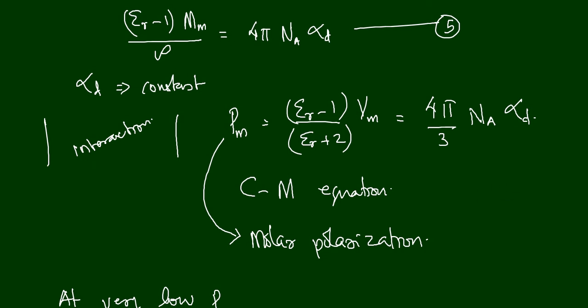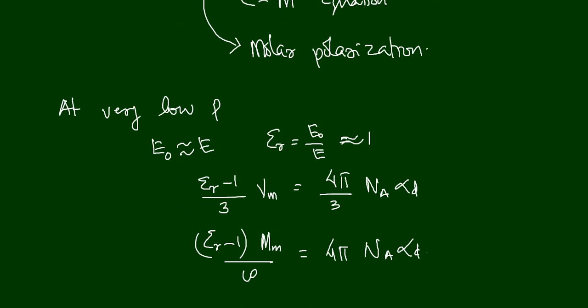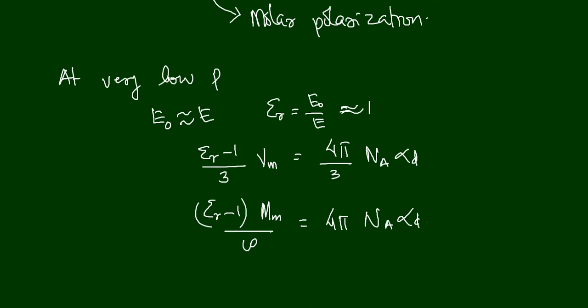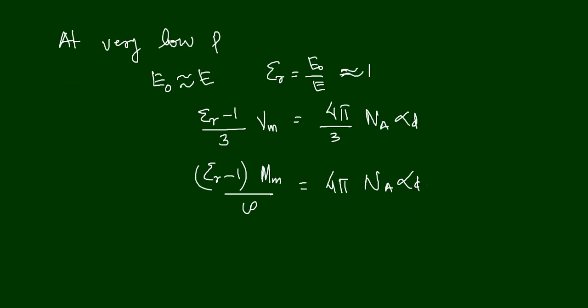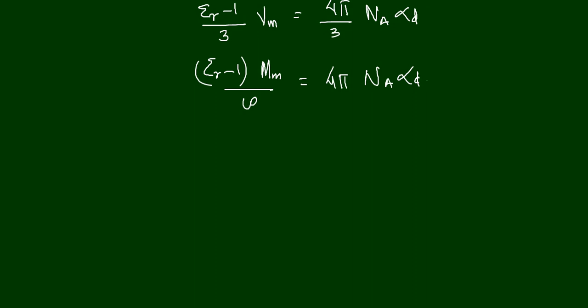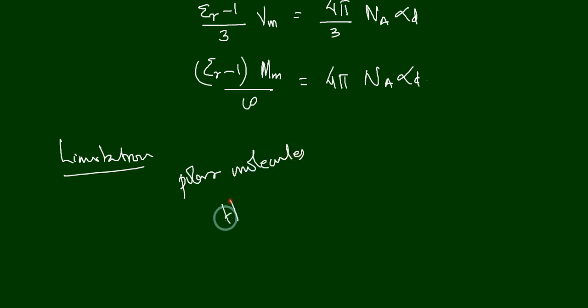Okay, so this is the Clausius-Mosotti equation. And the limitation of this Clausius-Mosotti equation is that in the case of polar molecules, like you know HCl is a polar molecule, or H2O is a polar molecule, NH3, these are all polar.